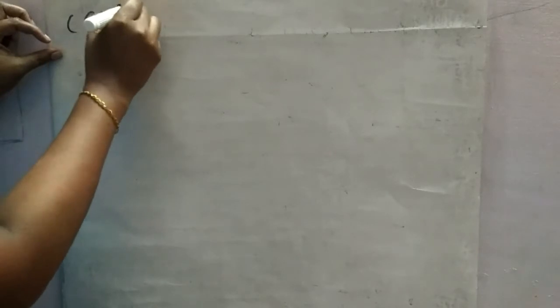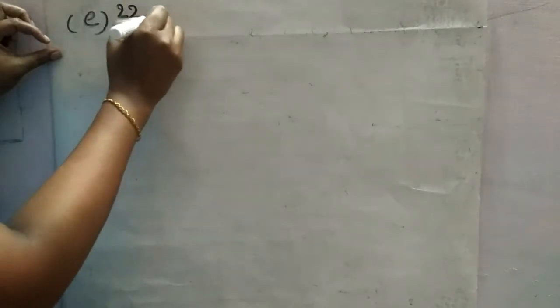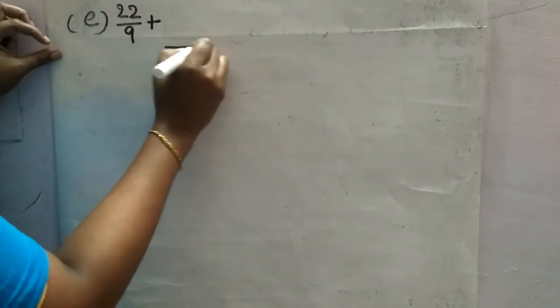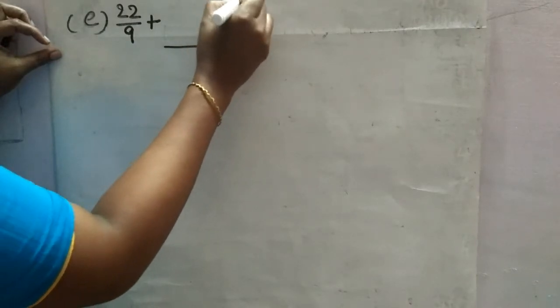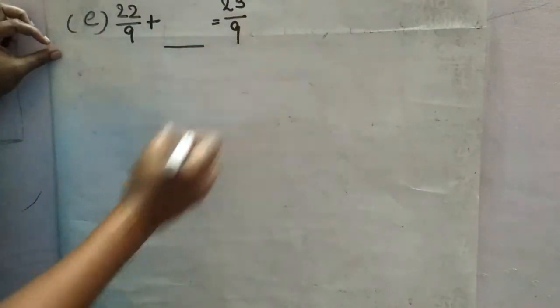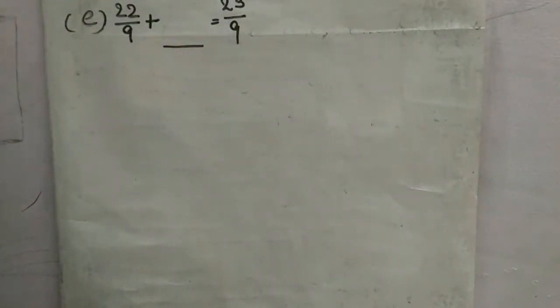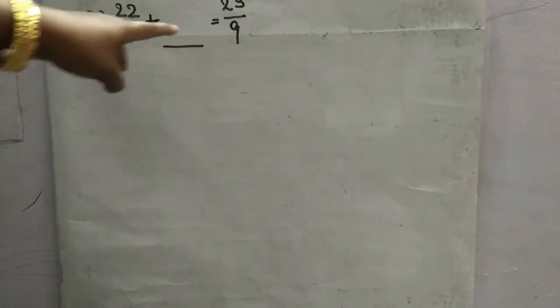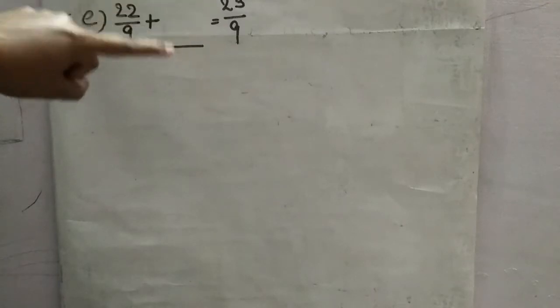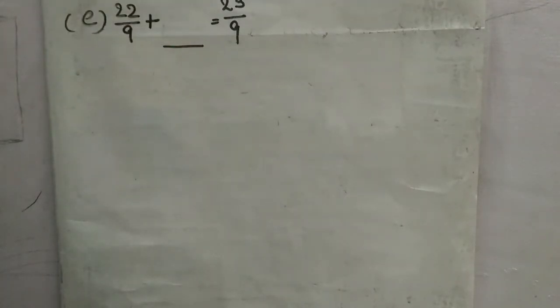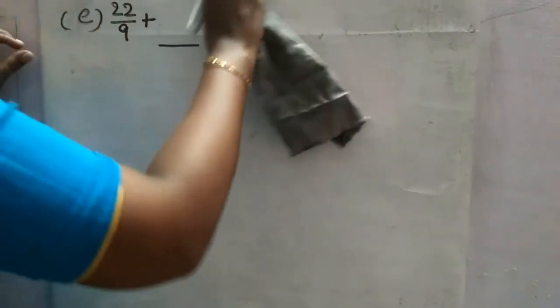Next question. 22 by 9 plus dash is equal to 23 by 9. What will be the number here?